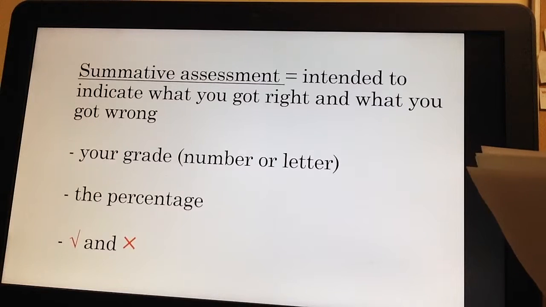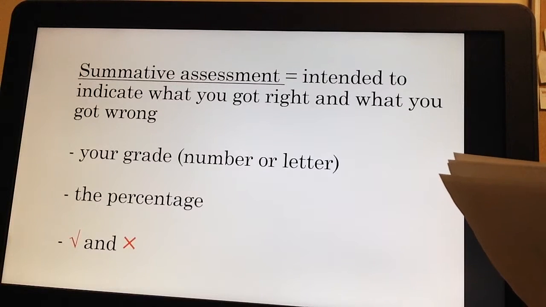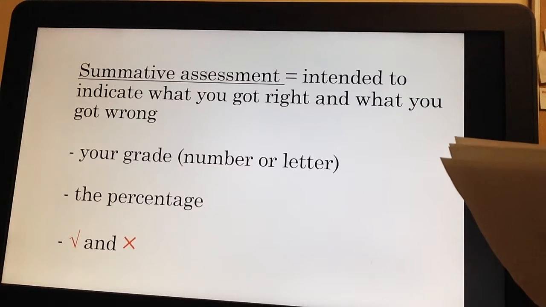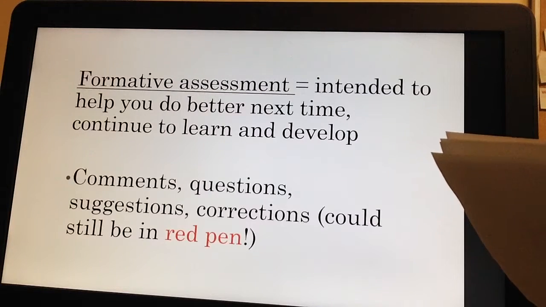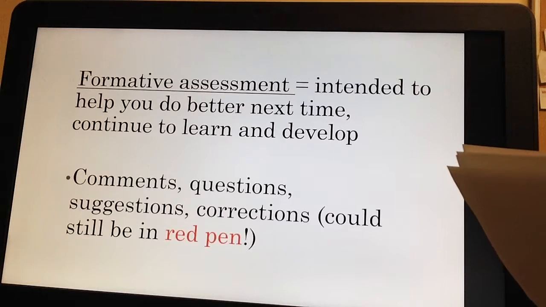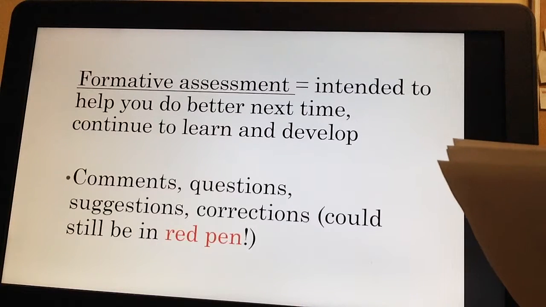It's often expressed as a grade, either a number or a letter or a percentage, and often the feedback is in the form of ticks and X's, right and wrong. Formative assessment, on the other hand, is intended to help you do better next time, to continue to learn and develop. And formative assessment takes the form of comments, questions, suggestions, corrections, although all of that could still be in red pen.